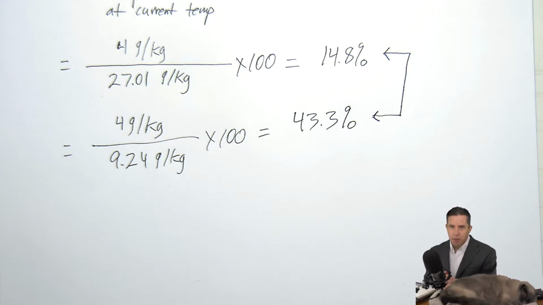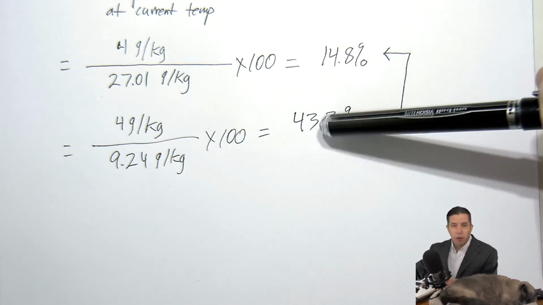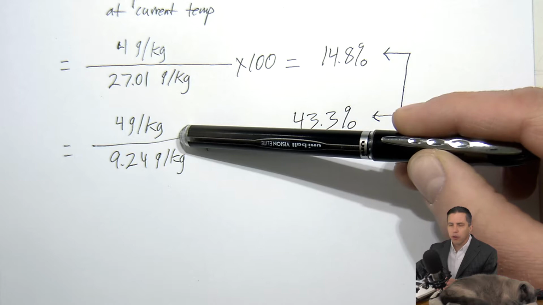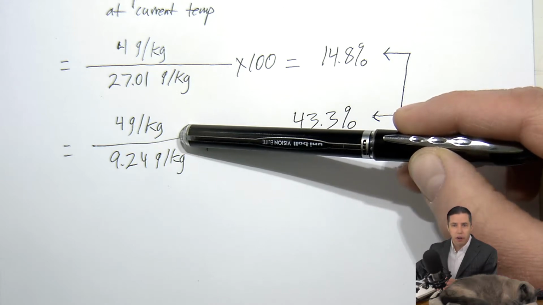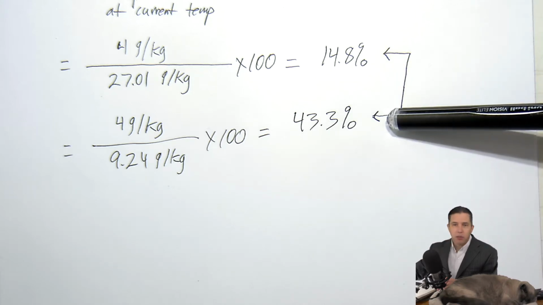Except that's not what happened, because the mixing ratio is the same for both of these. The mixing ratio tells us how much water is in the air. There's 4 grams for every 1 kilogram box of air. So the relative humidity went up not because there's more water in the air, but just because it's a colder temperature.